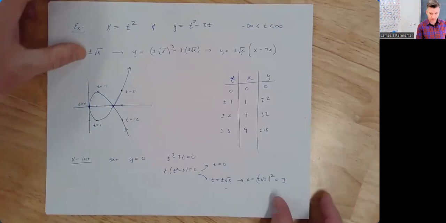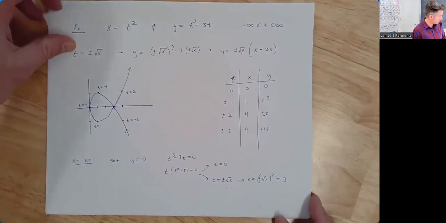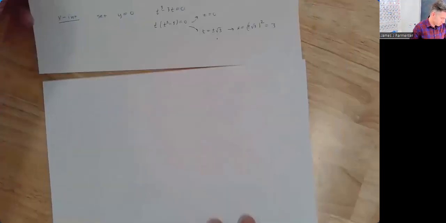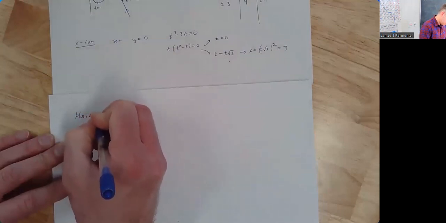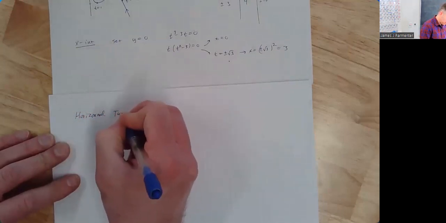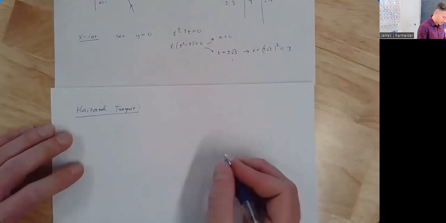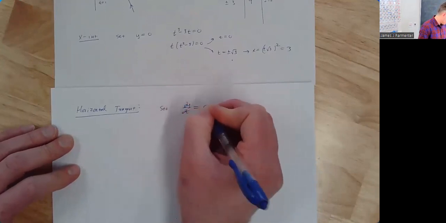And then just to start off the process, how do we find, say, a horizontal tangent? How do we usually find a horizontal tangent? Horizontal lines have what kind of slope? 0. Right. So we're going to set dy/dx equal to 0.